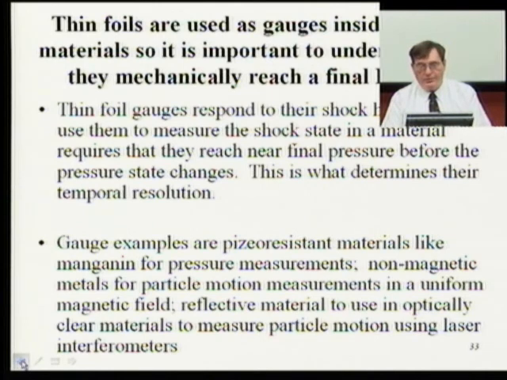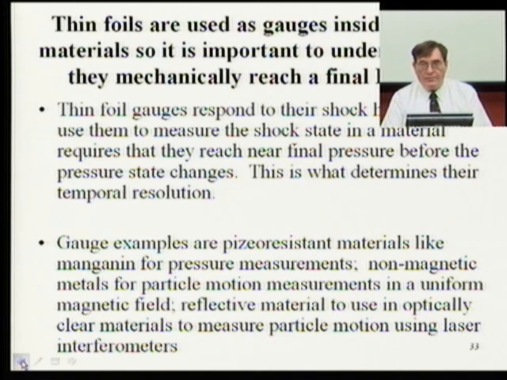Some people still do it. So I just thought it's important to go over that scenario so you really understand that you don't want a low impedance gauge on a high impedance surface, because it'll separate and it won't record the data you think it will.